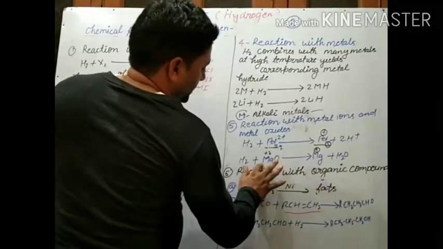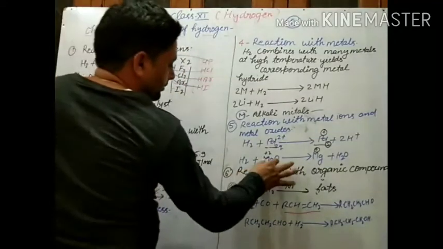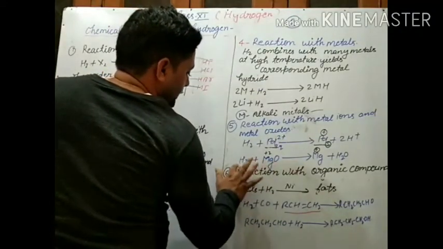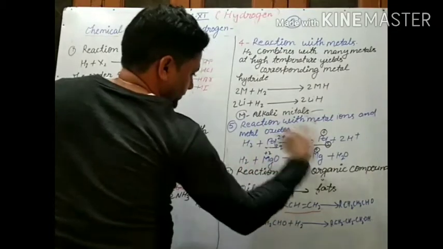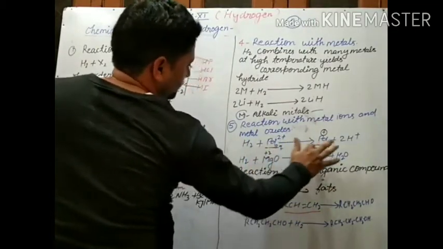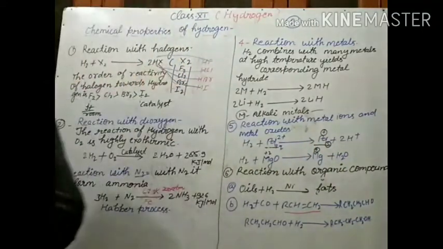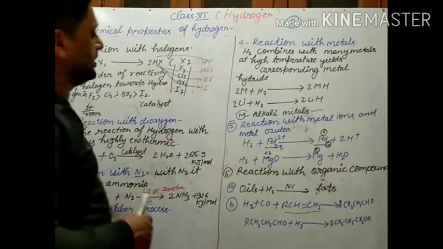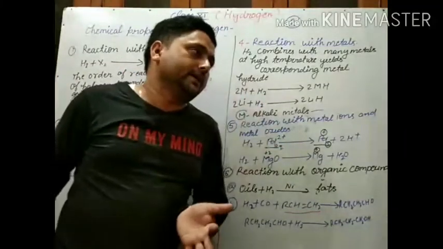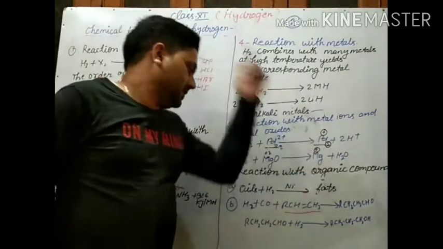So here +2 to 0. Oxidation state is changing from +2 to 0, which means reduction is taking place. So when hydrogen reacts with metal ions and metal oxide, it reduces metal ions to metal and metal oxide to metal.